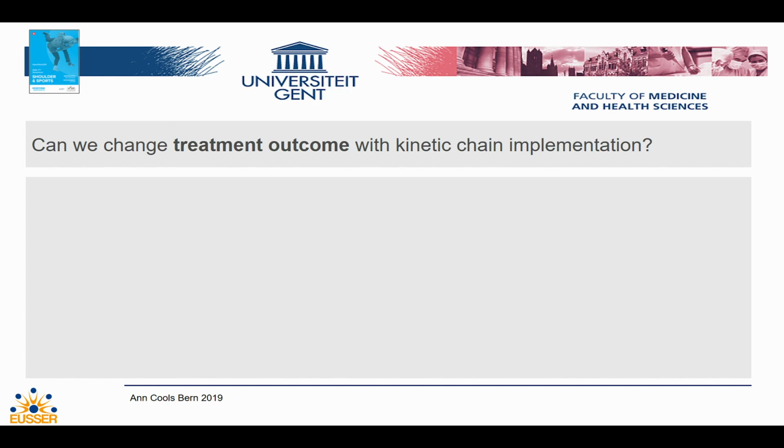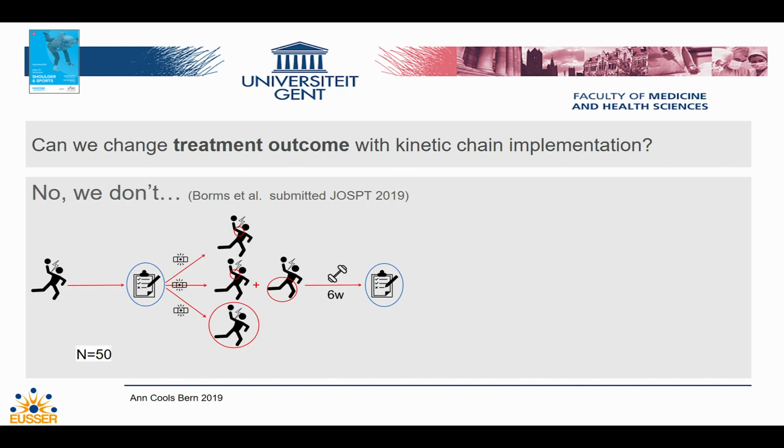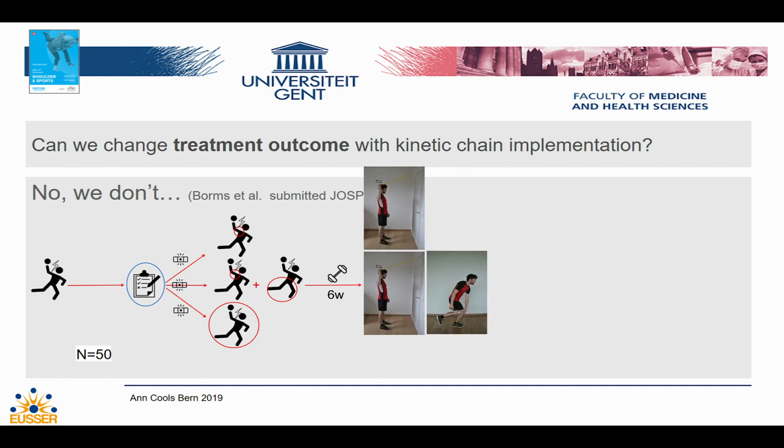Now, the results are preliminary because it's only a pilot study, but we think we don't. We recently did a study in overhead athletes with mild aspecific shoulder pain, throwing-related shoulder pain, and we divided them into 3 treatment groups. The first group only did shoulder exercises. The second group did shoulder exercises and, in addition, some lower extremity and trunk exercises, not involving the shoulder.